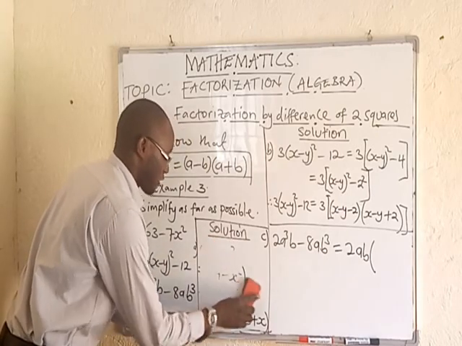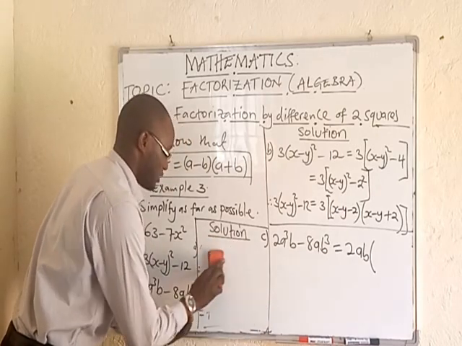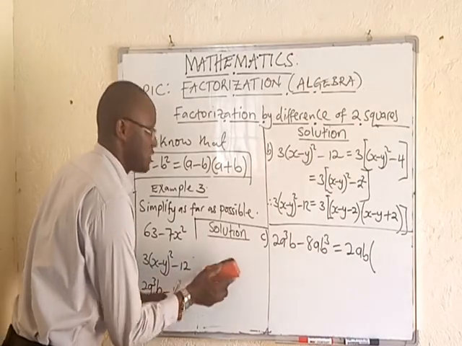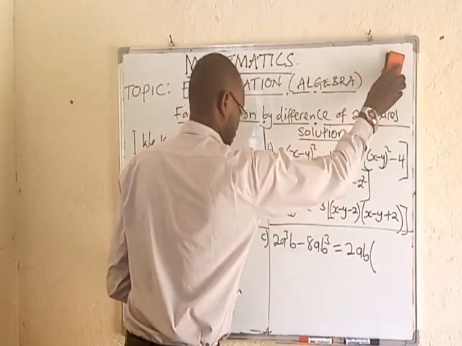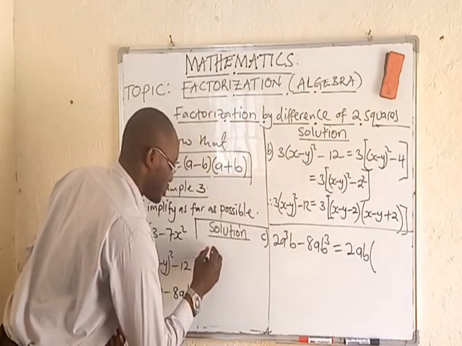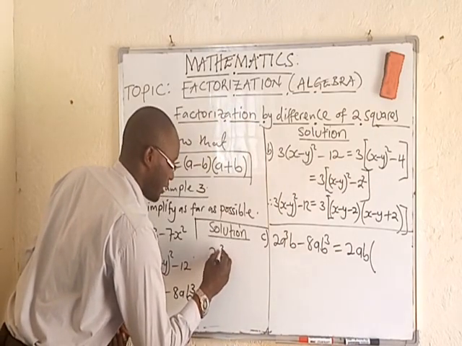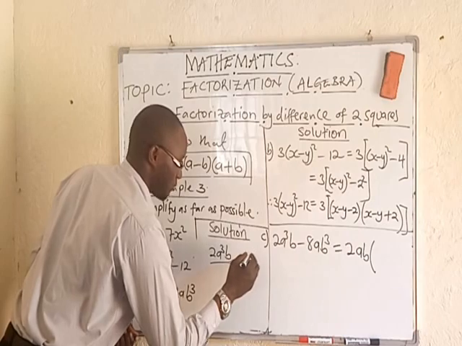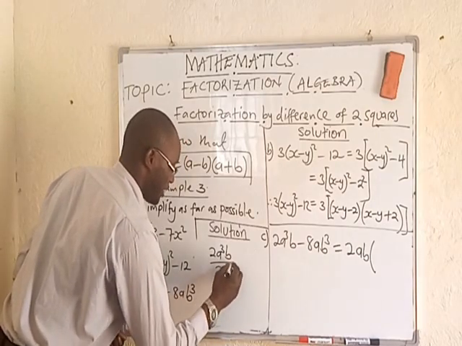So to get what remains here, we shall get the original part divided through by the common factor, 2ab.